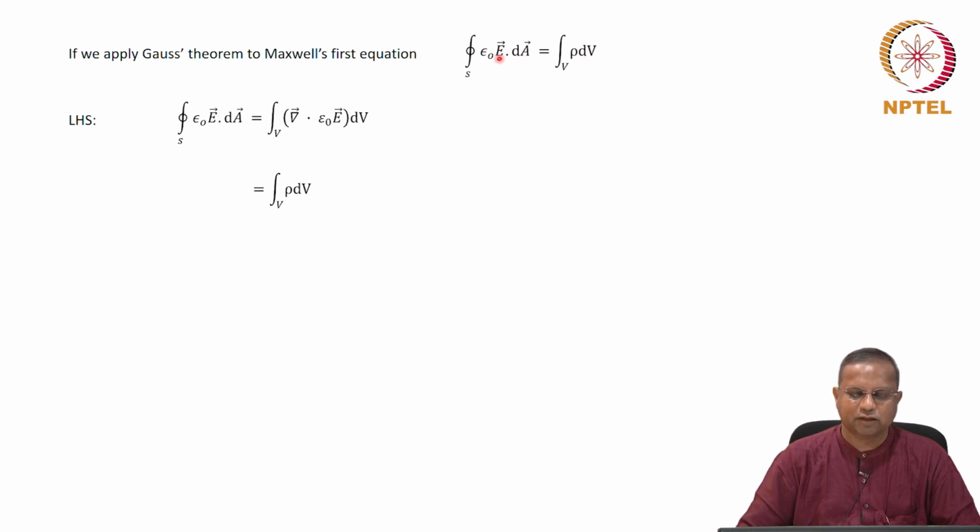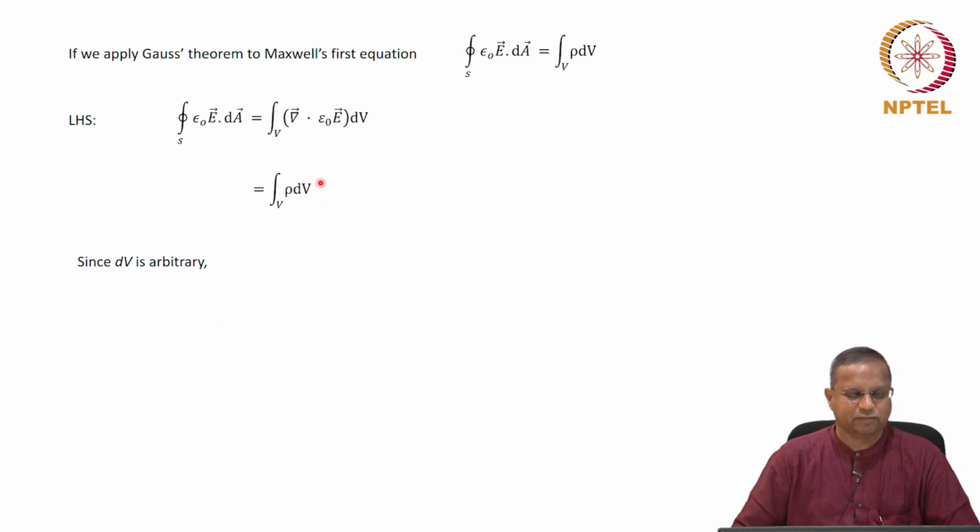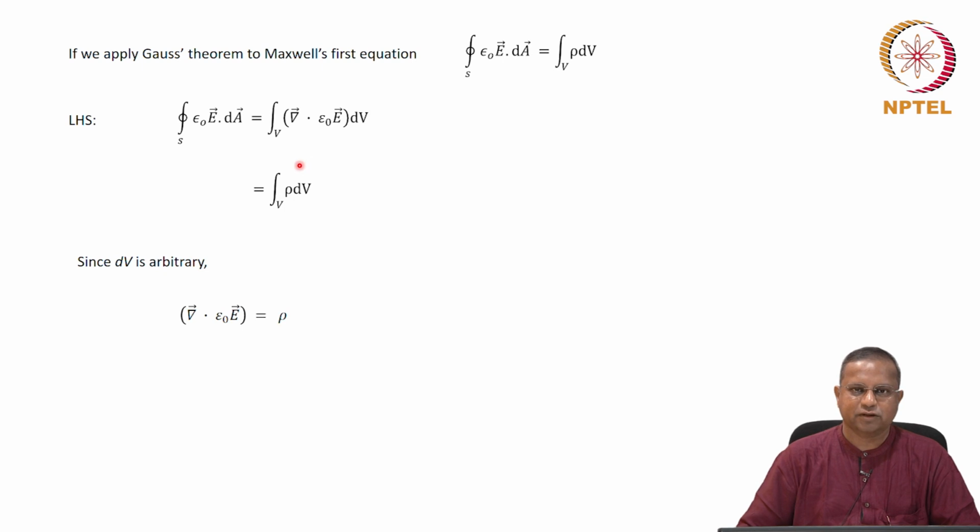So the volume integral of del dot epsilon naught E dV, from Maxwell's first equation, is automatically equal to rho dV, a volume integral. Now dV is arbitrary. You can choose any dV, and therefore the relationship between the differential quantities must hold. So for the volume integrals on both sides, you can equate the integrands.